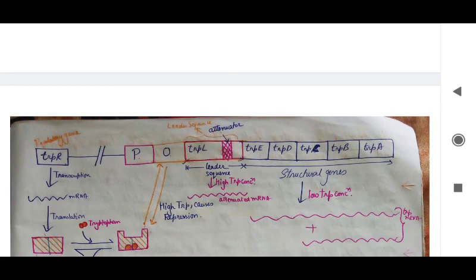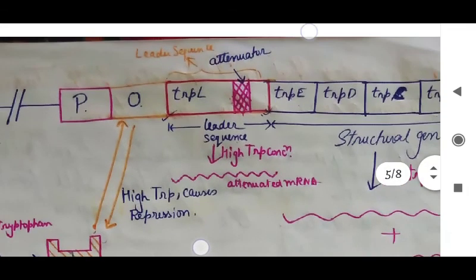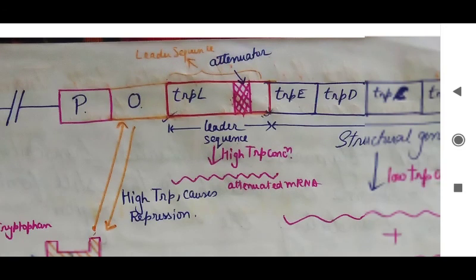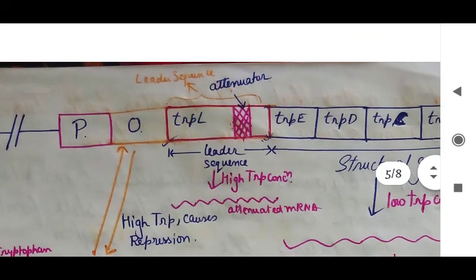TRPL is the leader sequence, and within this leader sequence there is a region called the attenuator.